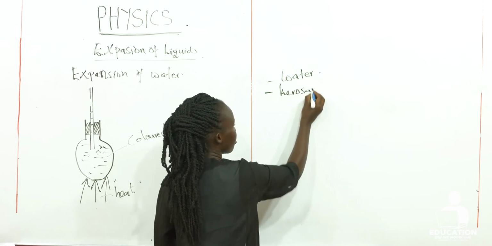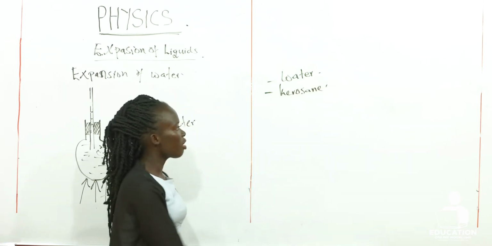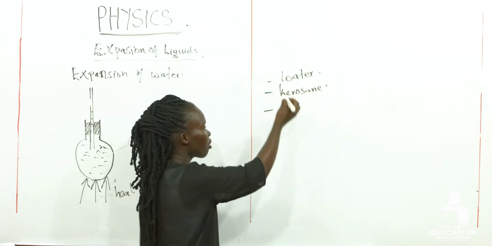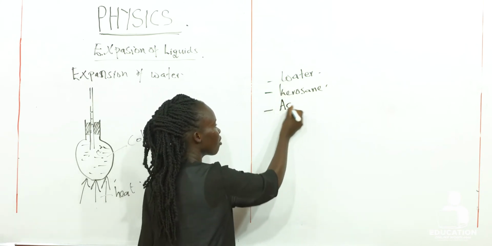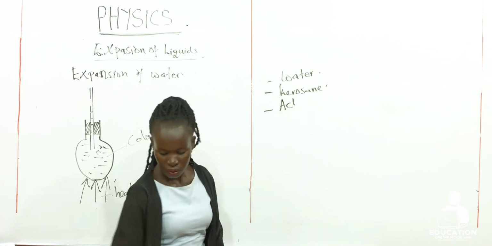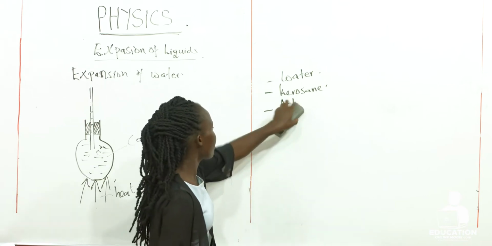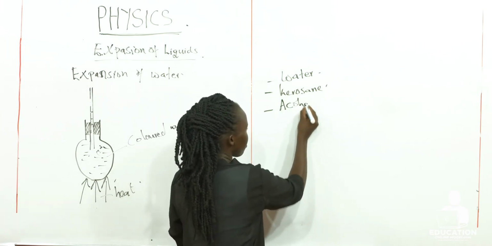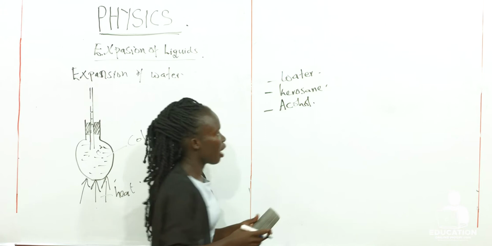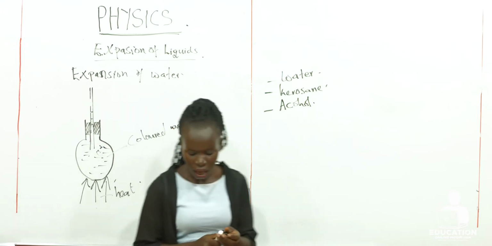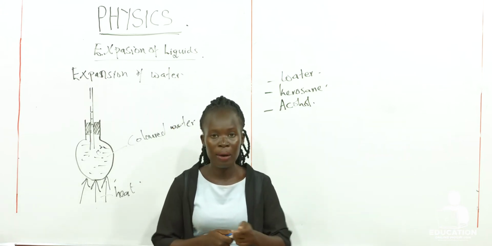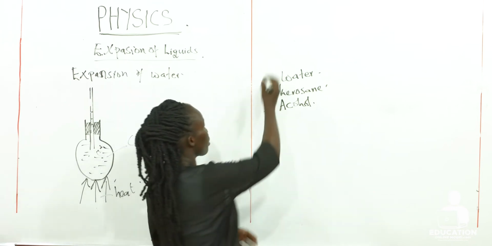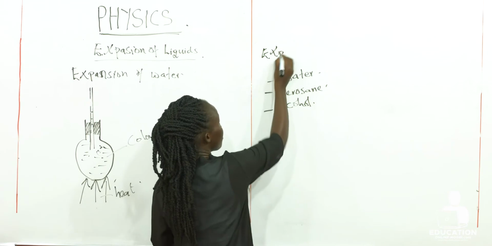And then we can have some other, either mercury or alcohol, as long as they are different liquids. Now there we have three different liquids. How shall we find the rate at which these ones expand? So we shall have it as our experiment.